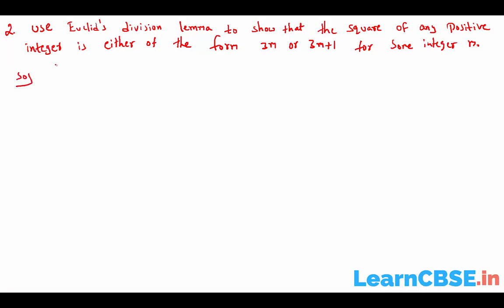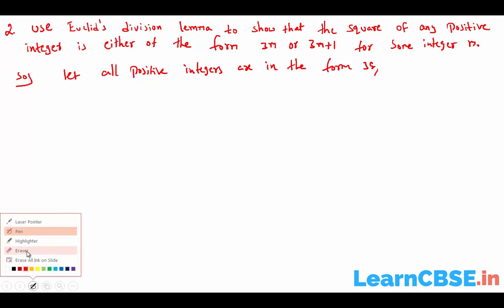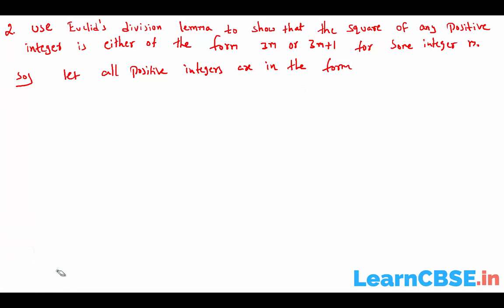Solution. Let all positive integers be in the form 3q, 3q plus 1 or 3q plus 2.